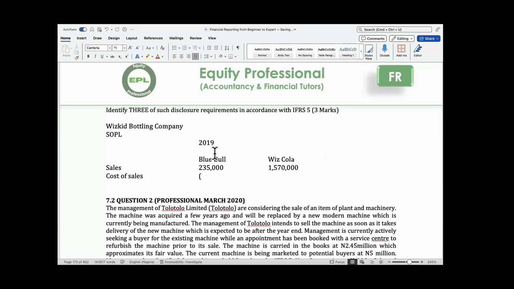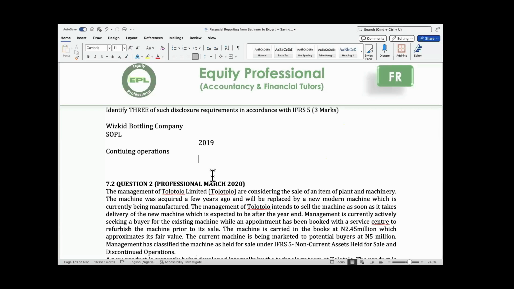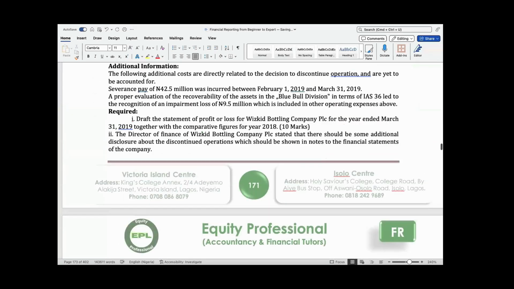So all I need to do is to have continuing operations. So this one will not fly at all. I cannot present it separately. The continuing operation is going to be the one that they are still continuing, which is Whiskola.